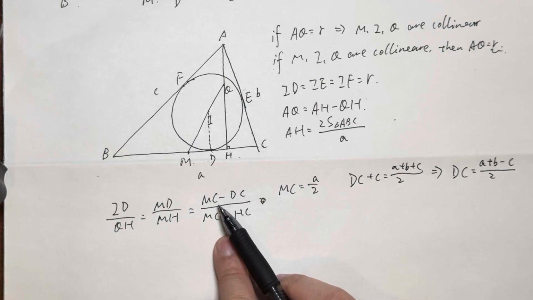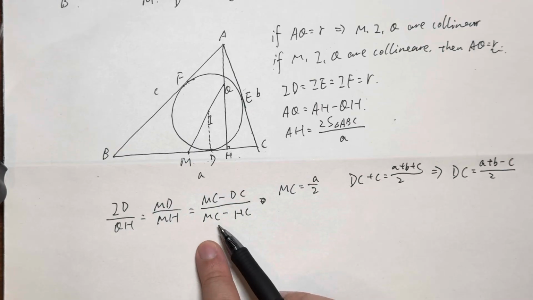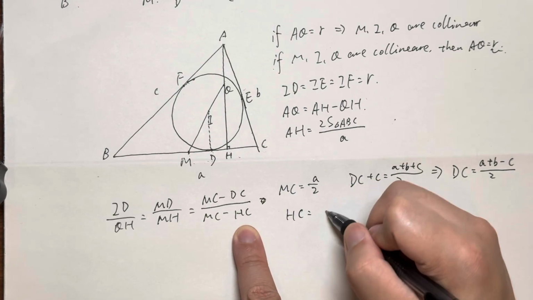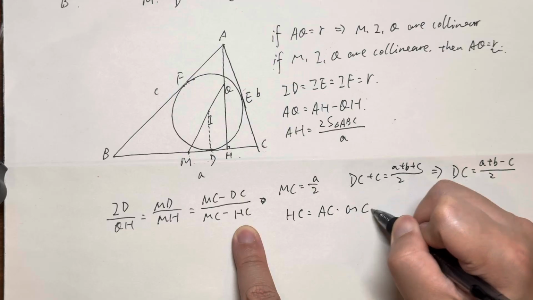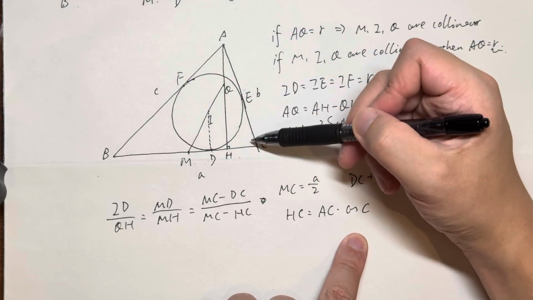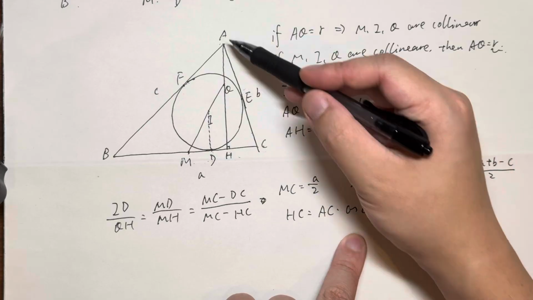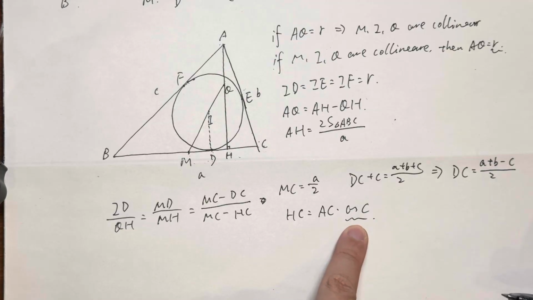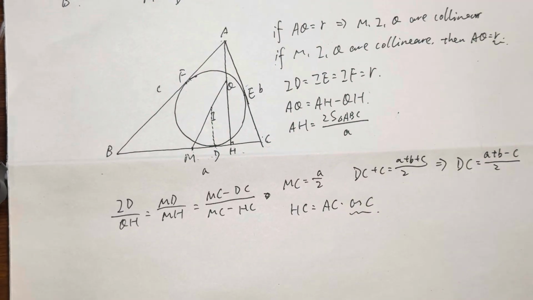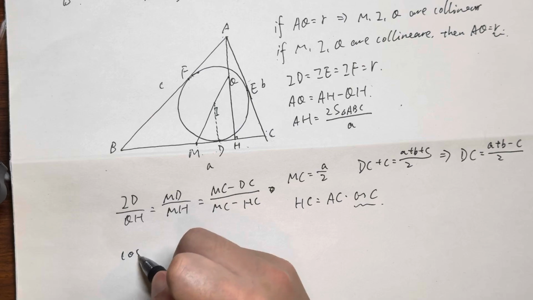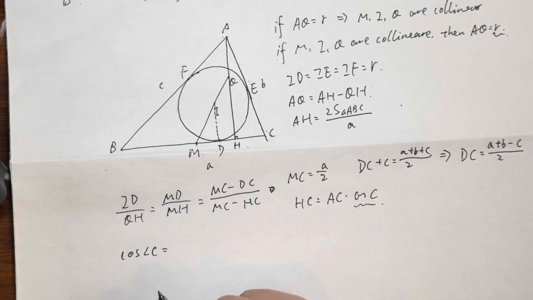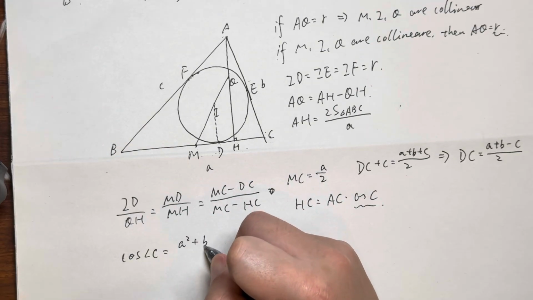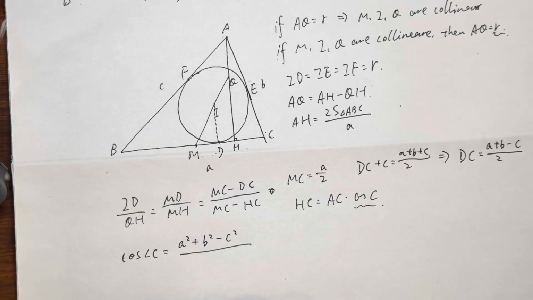Now we have MC, we have the length of DC. Let's consider how we can calculate HC. HC equals AC times cosine angle C. The length of AC is B. Then we want to find cosine angle C, so we can use the cosine law here: cosine angle C equals A squared plus B squared minus C squared divided by 2AB.